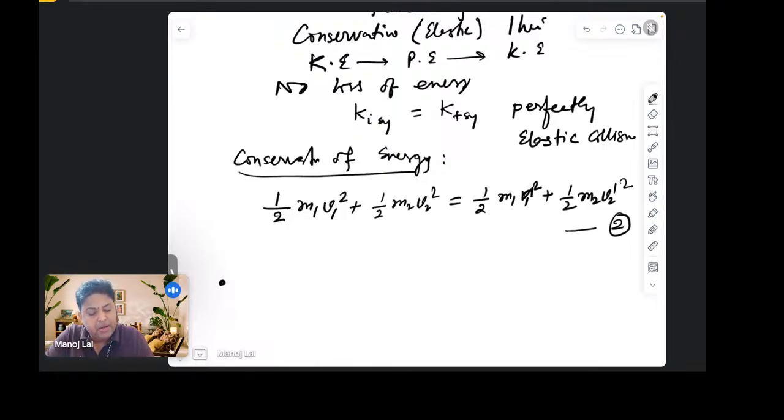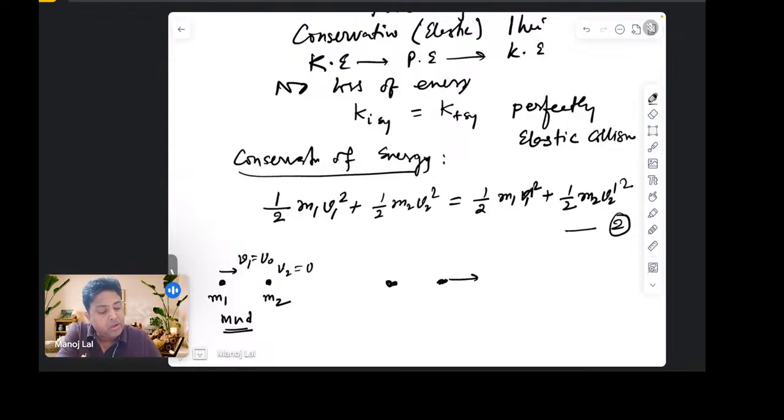Suppose two particles are made of mud, m1 and m2, moving with velocity v1 equal to v naught and v2 equal to 0, and they collide. After collision, they move together with a velocity v. The mass becomes, say, m1 is equal to m and m2 is also m, so the mass becomes 2m.